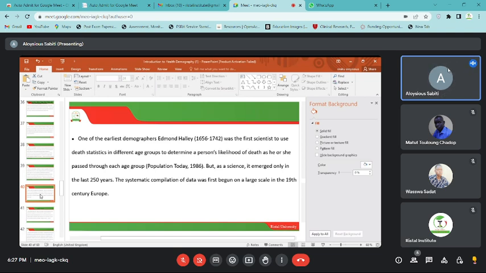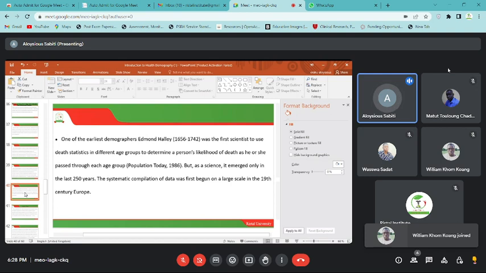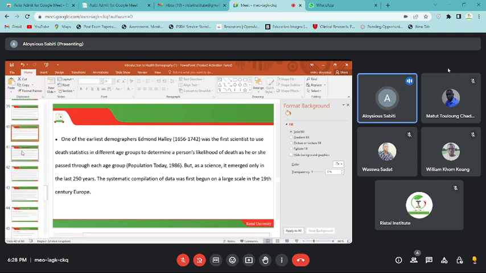So this Edmund Halley, we associate him with the life table because he used scientific studies to understand and determine how long an individual would live if the current death rates or ratios that occurred in a particular population were applied. So he was able to understand and is the author of the cohort analysis of data on age groups. So when you see cohort analysis on age groups on the life table today, trying to realize how a particular cohort can diminish, it is a result of Edmund Halley's scientific thoughts.